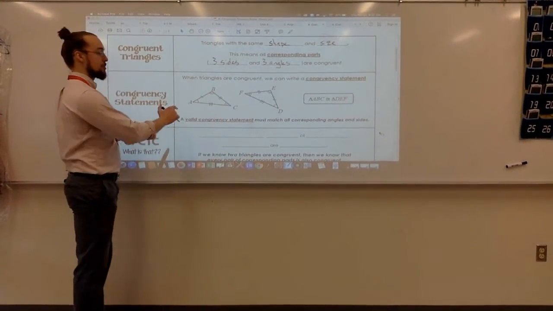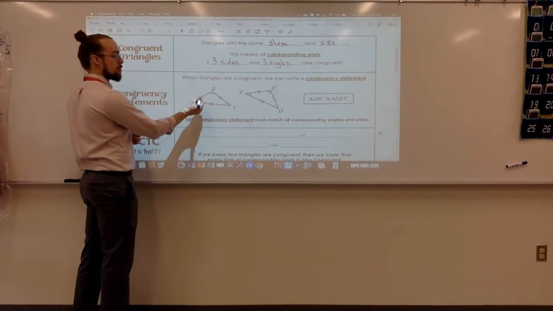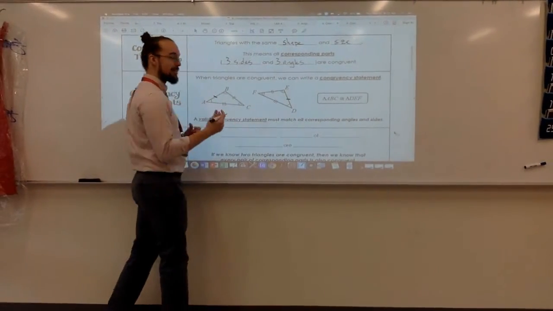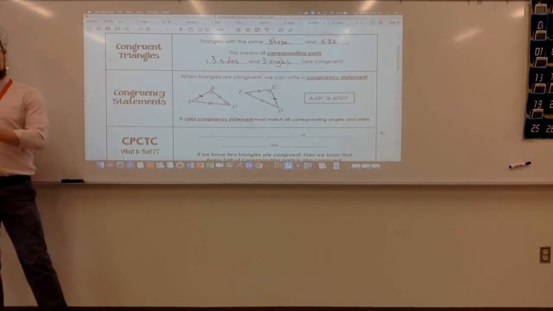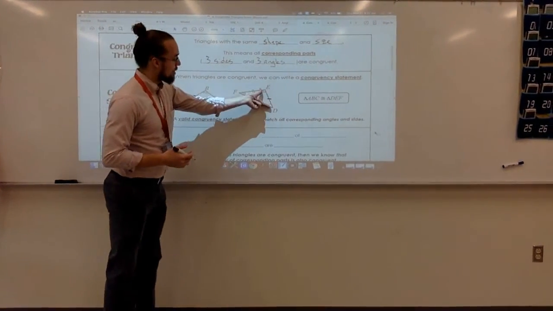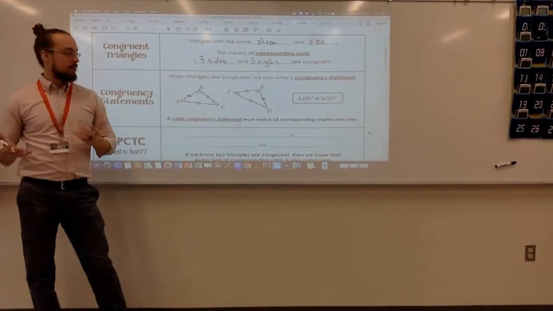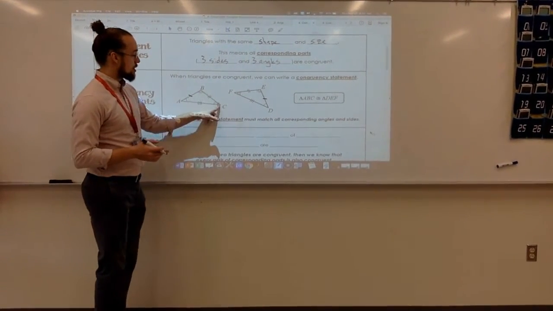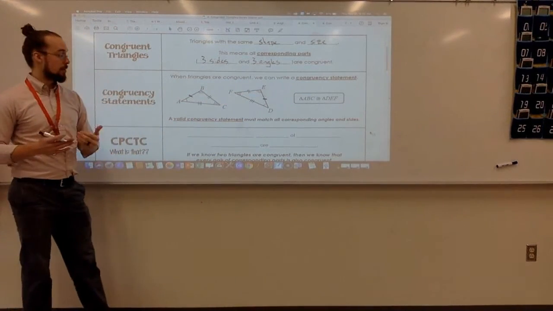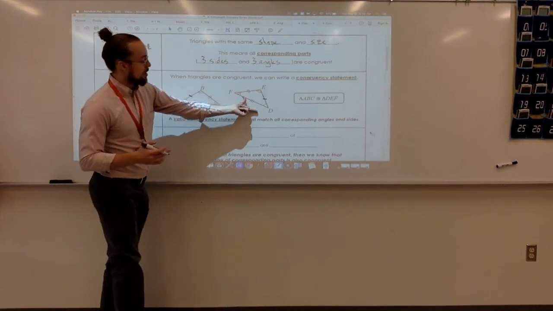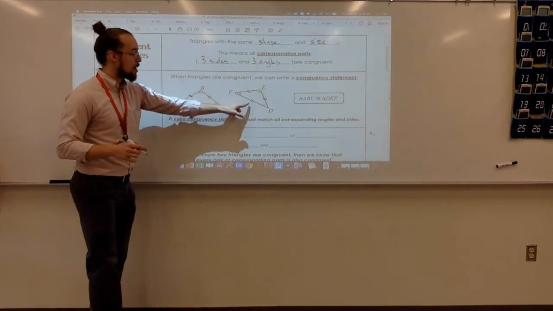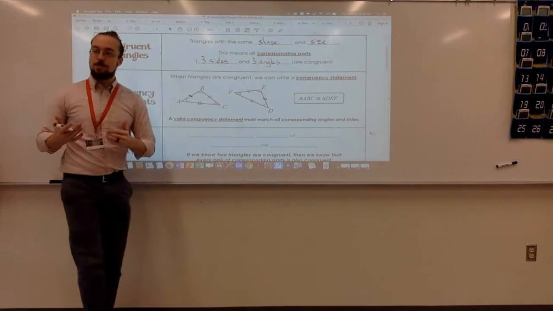We've talked about these little marks before too. If I've got the same number of marks, that tells me those two sides are congruent. So in this case, AB and DE have the same length. BC and EF have the same length. And AC and FD have the same length because they have the same number of marks on the sides.